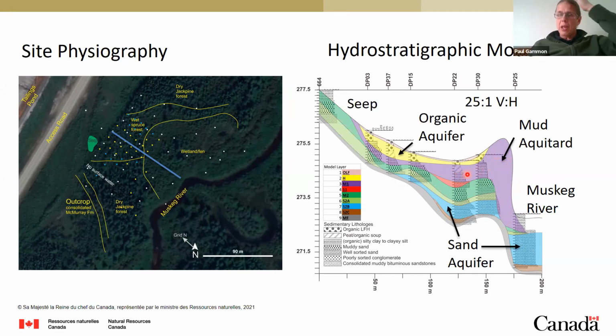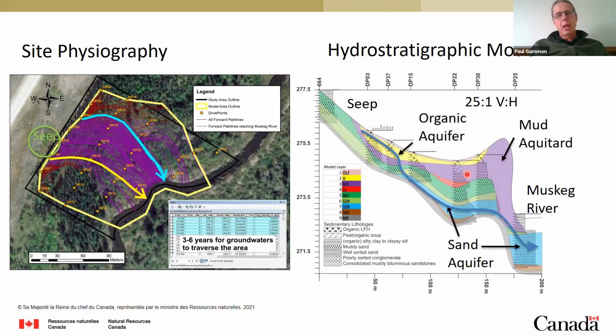Now, in the numerical hydrological model, that muddy aquitard in this diagram looks consistent, but in fact it's actually pretty leaky. And so when we actually model this, the water from the seep comes in, moves through the wetland, and then moves into these very porous and permeable sands at the base, at 10 to the minus 3 centimeters per second.